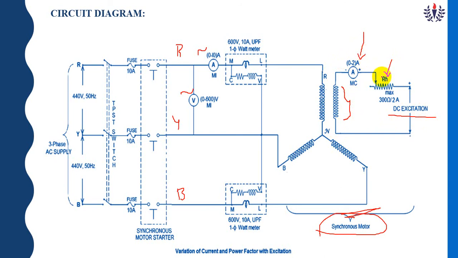In order to limit the current: by increasing or decreasing the rheostat value, we can vary the current flowing through it. To observe whether the current is raised or decreased, I need one ammeter, which is connected in the line of the rheostat. So supply to rheostat, rheostat to ammeter, ammeter to field, field back to DC excitation.